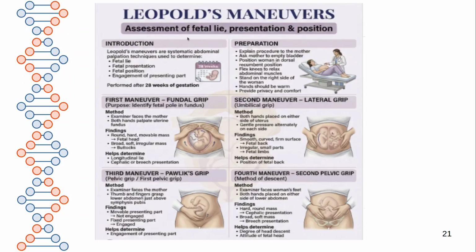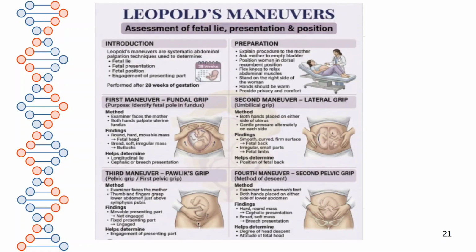Then the third maneuver is Pawlick's grip. Fundal grip, lateral grip, and third is Pawlick's grip, or first pelvic grip. Method: the examiner faces the mother. Thumb and fingers grasp the lower abdomen just above the symphysis pubis.